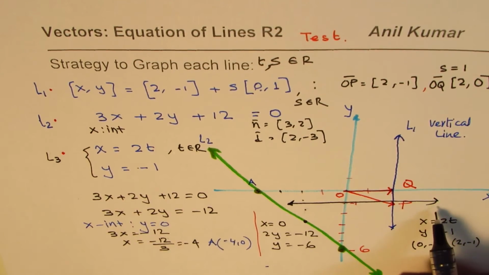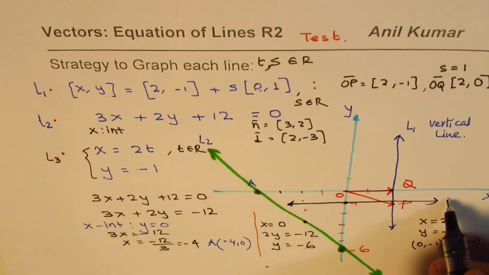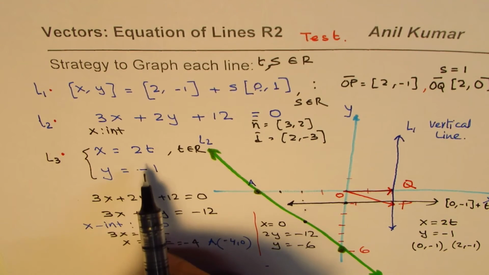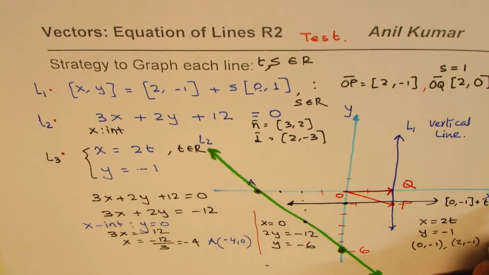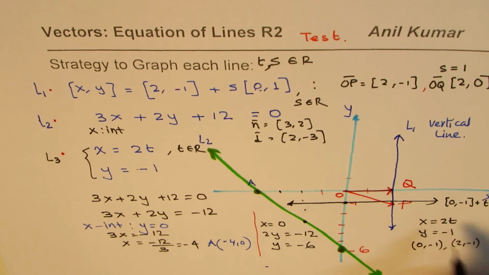So you could write the vector equation of this line also as this point is, if I write 0, I get (0, minus 1) plus t times the direction, which is in this case (1, 0). So it is (1, 0). Is it okay? So that is how you could write.